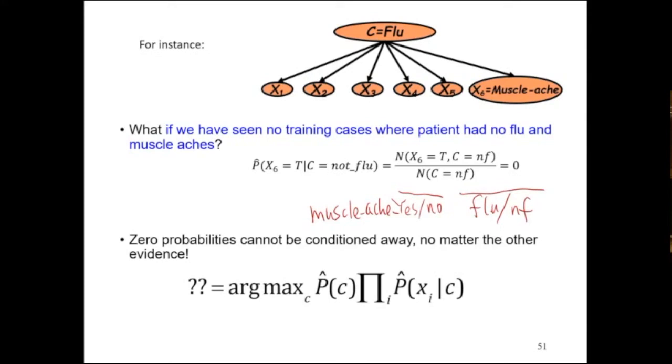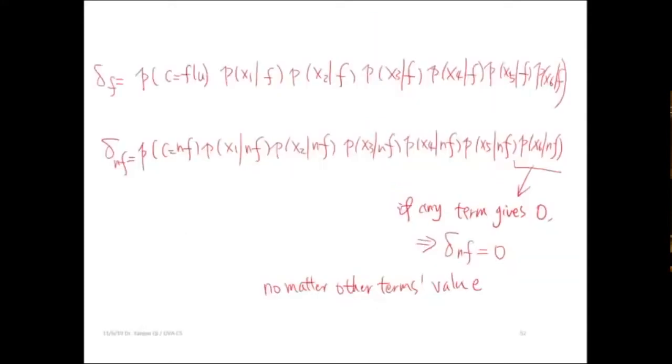This is actually extremely bad. The reason is that when you're performing the classification, you have to compute P(C = flu) times P(X1 | flu) until P(X6 | flu), and then also P(C = not flu) times P(X1 | not flu) until P(X6 | not flu). If any of the numbers there is 0, it doesn't matter what the other numbers are.